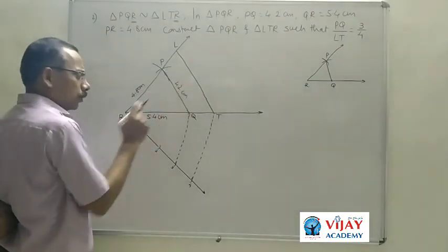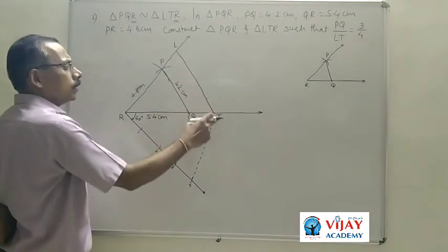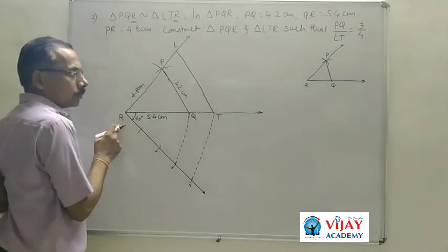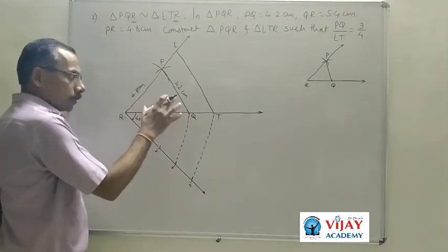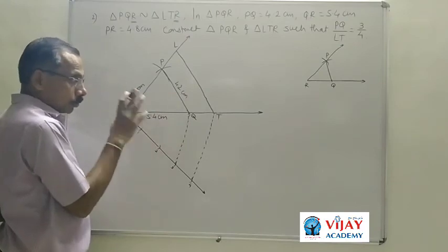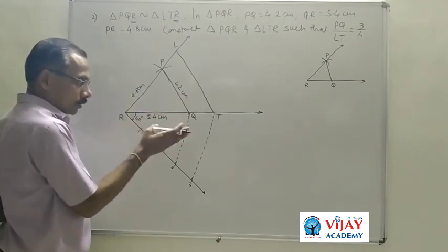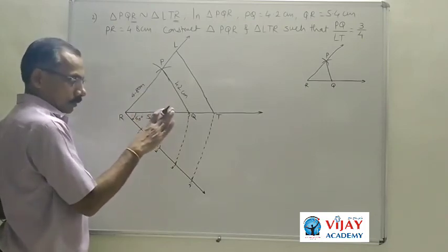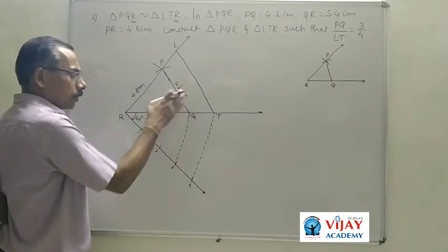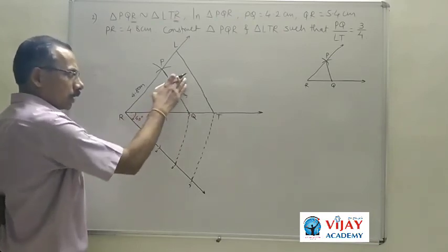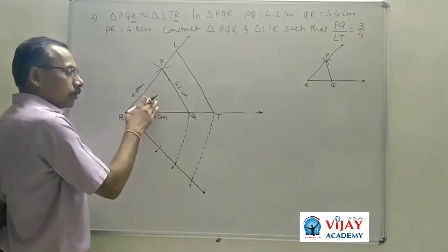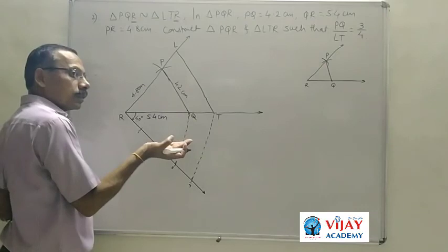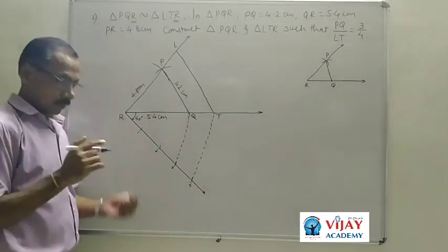In this way we get the triangles LTR and PQR. So this is the process to draw similar triangles when one vertex is common. And if you have any problems with this second method, we will discuss it in detail in the regular class.